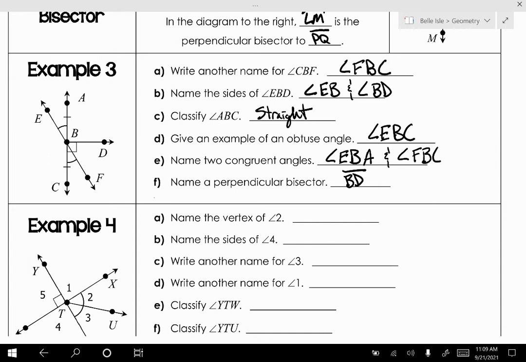AC. So we're saying AC is bisecting BD. What are we saying? So let's say BD went all the way across. Then it would for sure be, correct? But it's not bisecting BD.